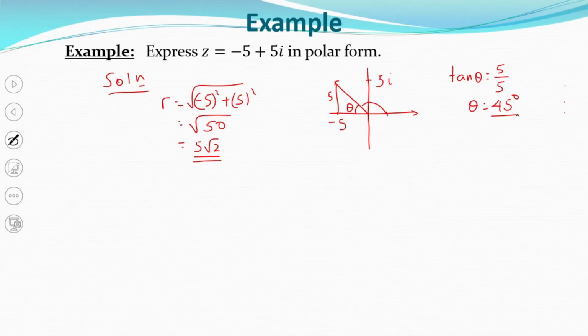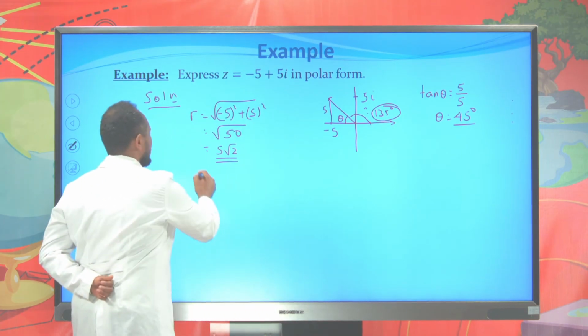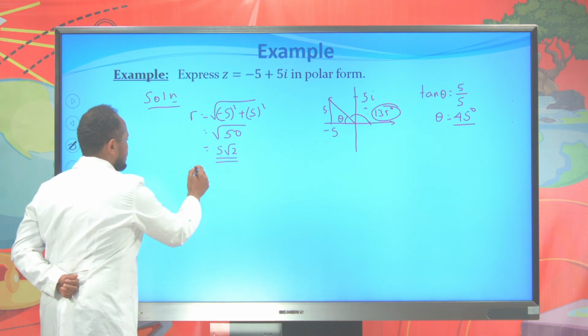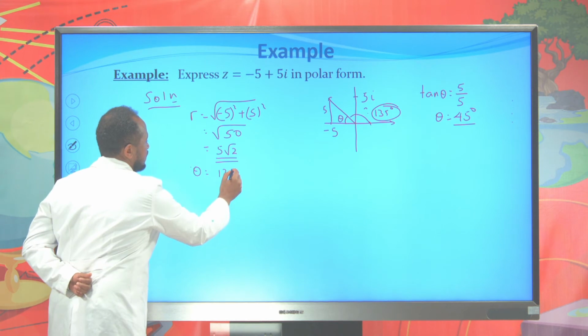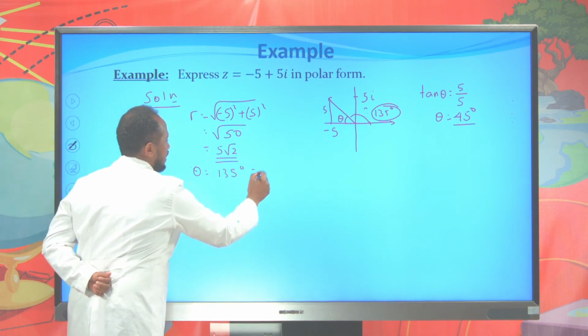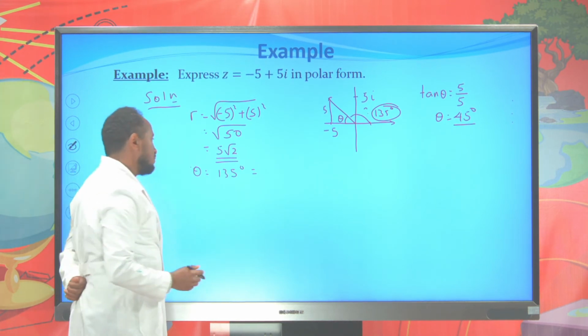But our argument will not be this one. The argument is the angle from the positive axis to the vector of the complex number. Since the total is 180, this angle will be 135 degrees. Therefore, our argument theta is 135 degrees, and I can write this in radian form.